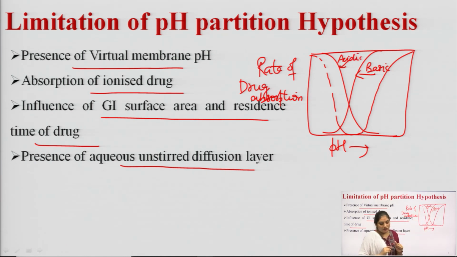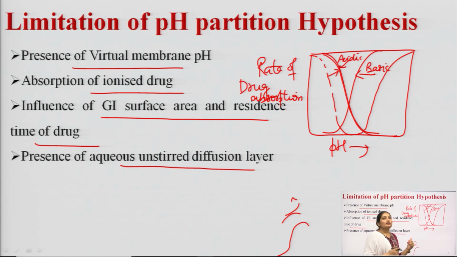In case of acidic drug, it shifts towards the right, and in case of basic drug it shifts towards the left side. This is called the virtual membrane pH or the microclimate pH.